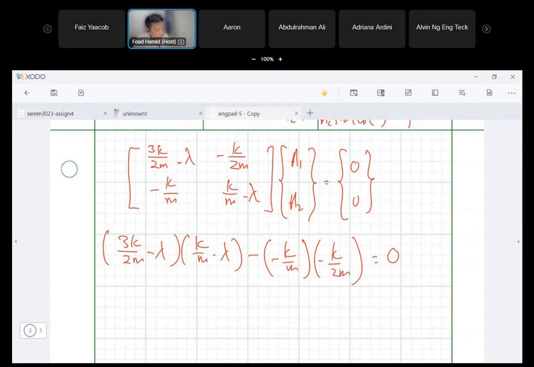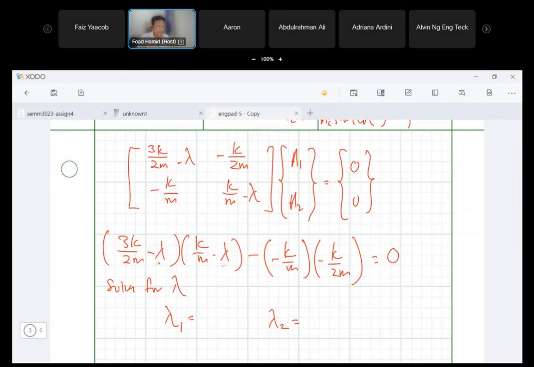And what we want to do is solve for lambda. Note that this is a quadratic equation in lambda because this is lambda times lambda, it becomes lambda squared. Because of that, we should have lambda 1 and lambda 2. Two solutions.